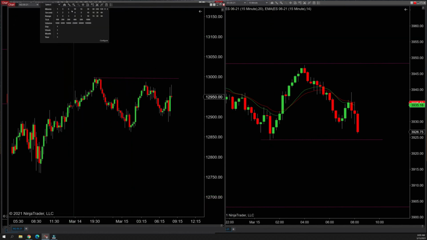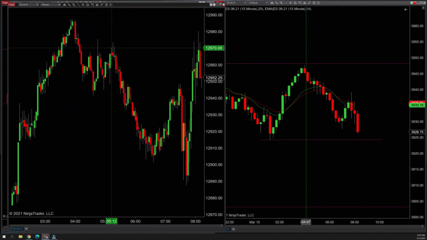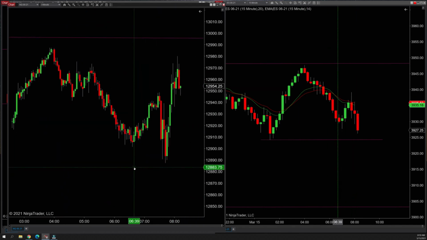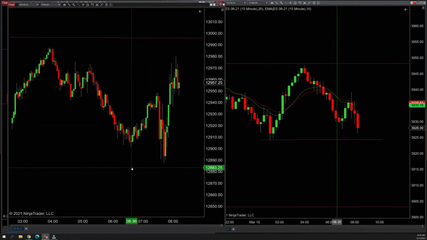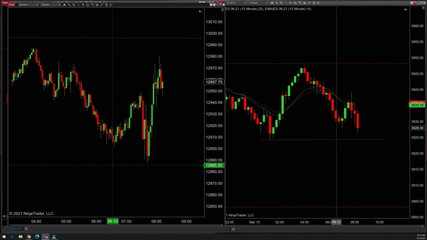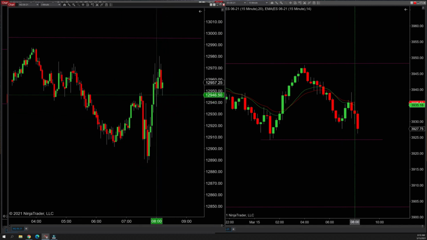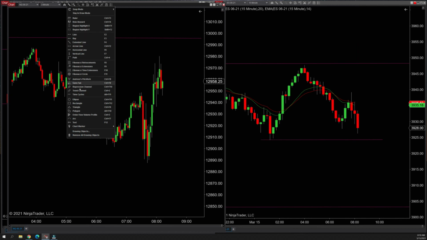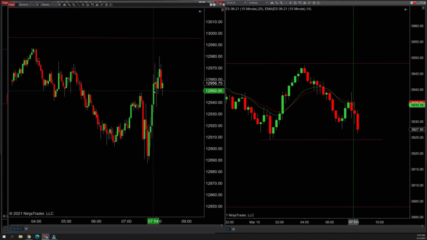So what I want to do here, I'm going to look at the 3-minute chart on the NASDAQ to take a good gander at what's going on here. So this is a 3-minute chart. So you can see action is holding up here, this little area here.